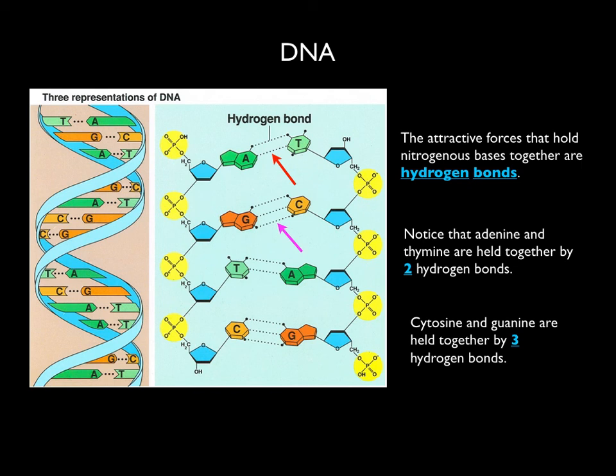So which base pair is stronger, an adenine-thymine base pair or a cytosine-guanine base pair? Hopefully you recognize that the cytosine-guanine base pair is the stronger of the 2 base pairs because it has one additional hydrogen bond that the adenine-thymine base pair does not have. So the more hydrogen bonds there are, the stronger the overall connection.